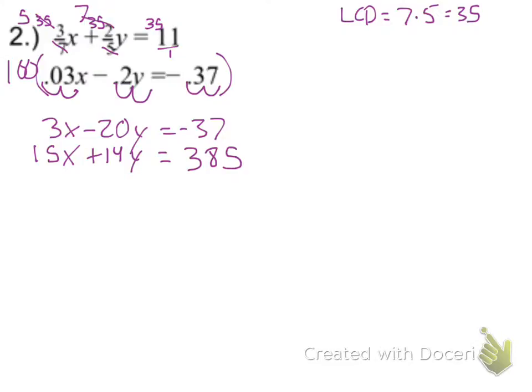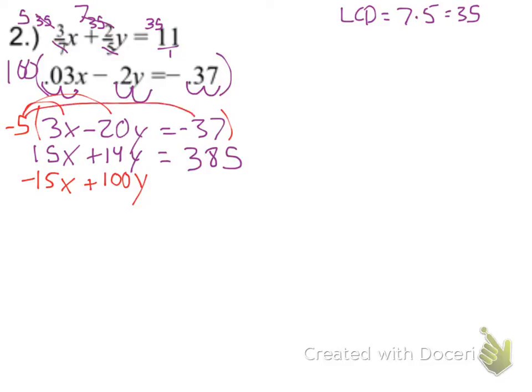Multiply the top by negative 5 because we want our numbers to be the same but opposites. So when I do this, make sure you distribute all the way through, and so you get negative 15x. You get negative 5 times negative 20, positive 100y.